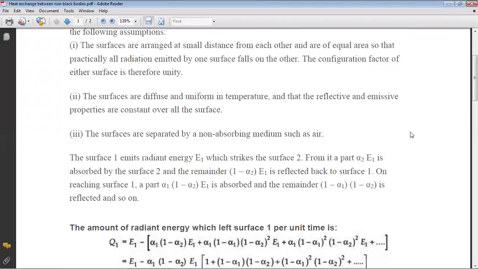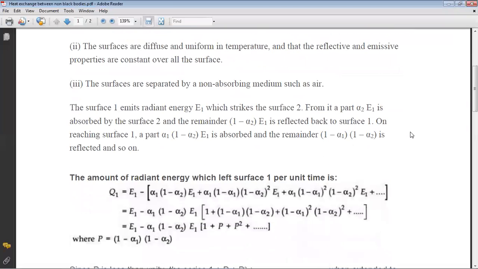Now if you calculate the amount of radiant energy which will leave surface 1 per unit time, it is E1 minus alpha 1 into 1 minus alpha 2 into E1, plus alpha 1 into (1 minus alpha 1) into (1 minus alpha 2) squared into E1.